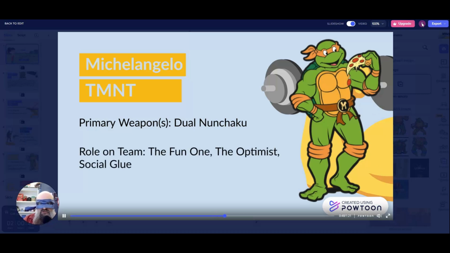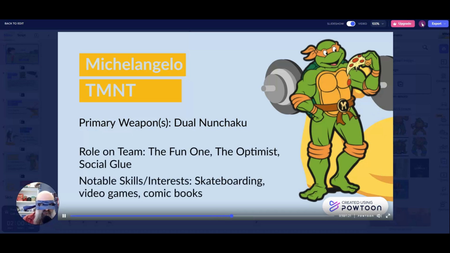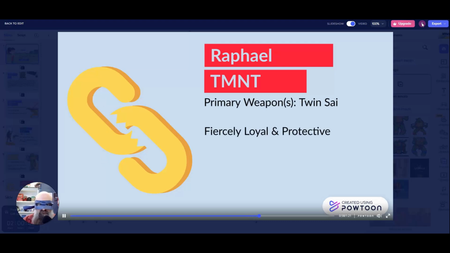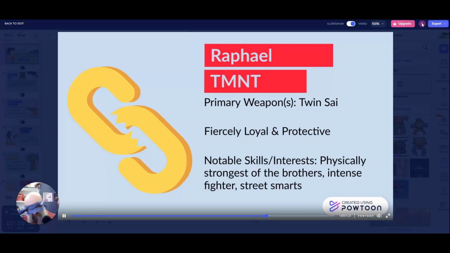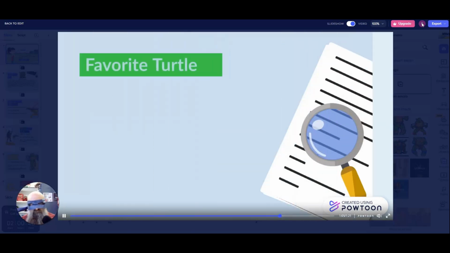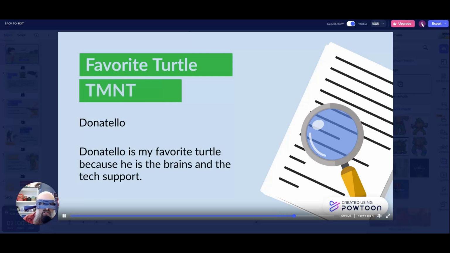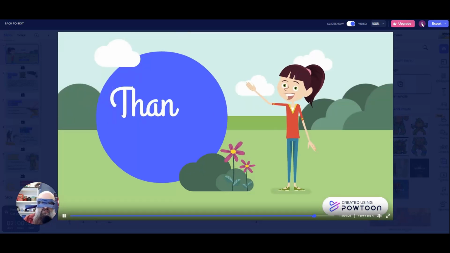Are you on your Michelangelo slide, or at least progressing? Raphael, we're going to learn about Raphael now. Boom. Now who's my favorite turtle? My favorite turtle, Donatello and the why. Your favorite turtle should have been on there.